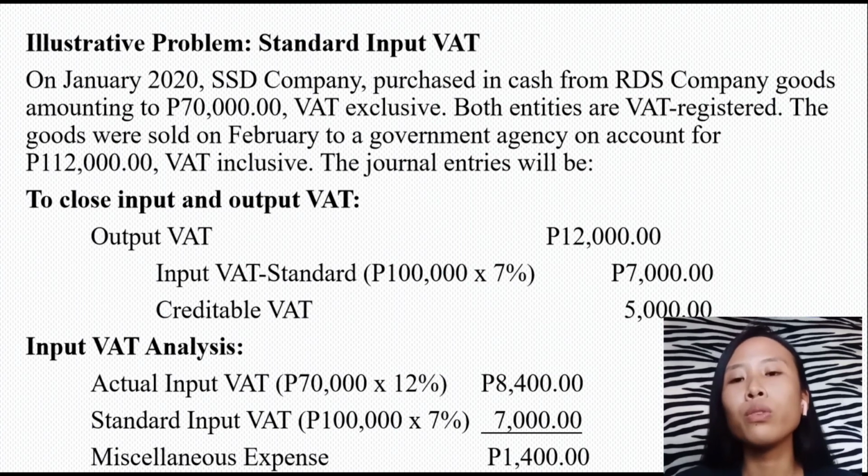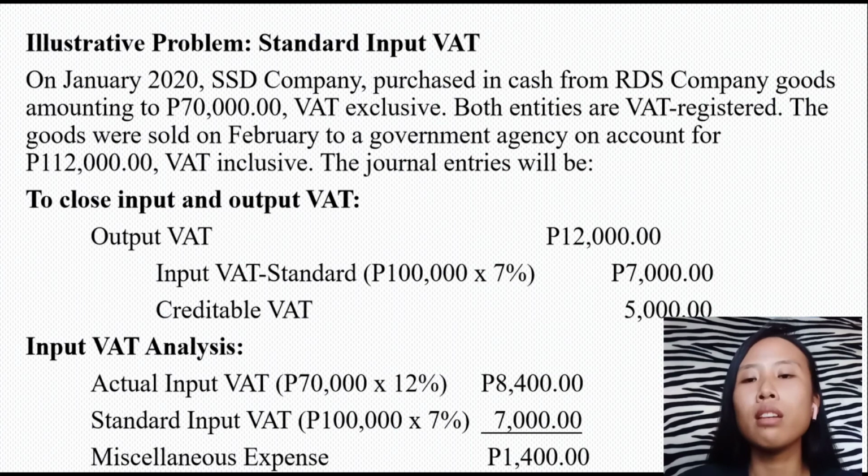So we have actual input tax of 8,400, while standard input tax is unique because it is computed based on government sales. In this case, standard input tax is computed by multiplying the 100,000 government sale by 7%, which is 7,000.